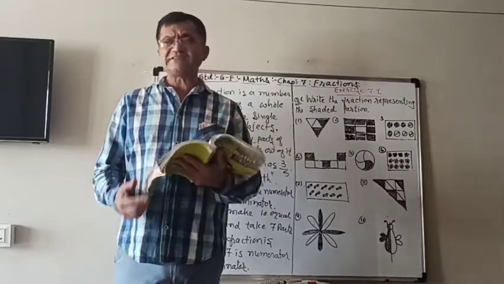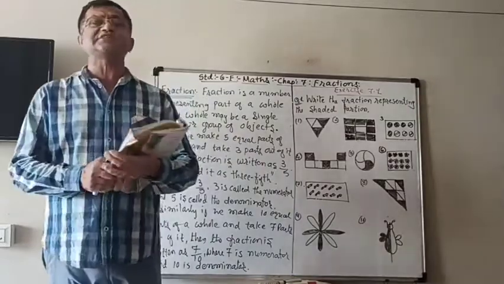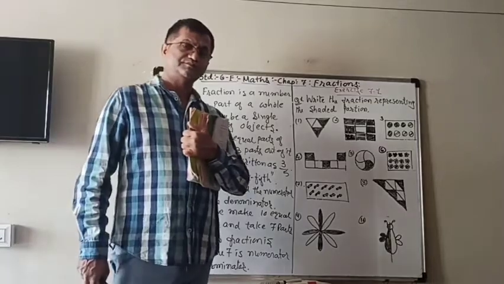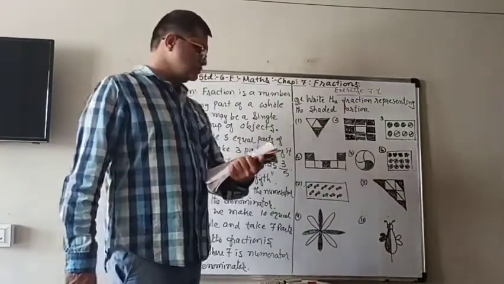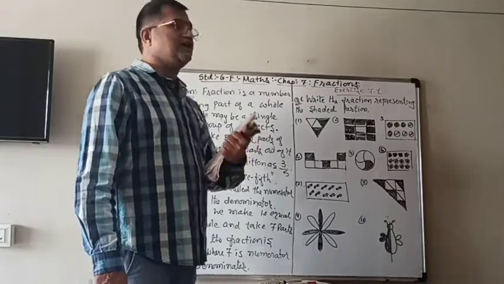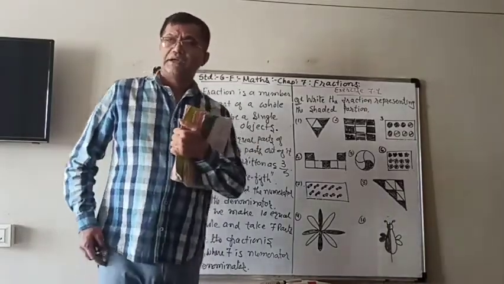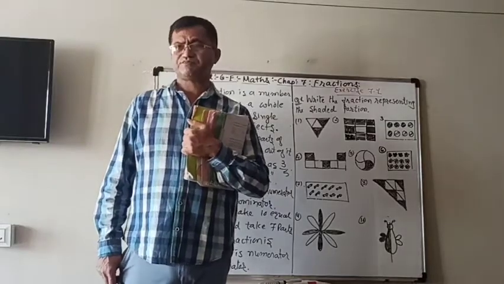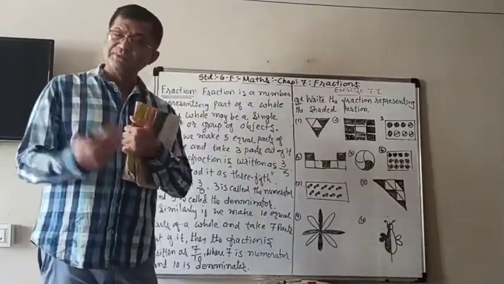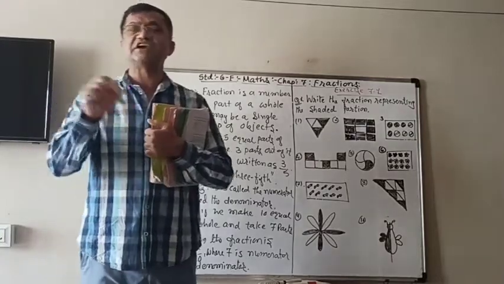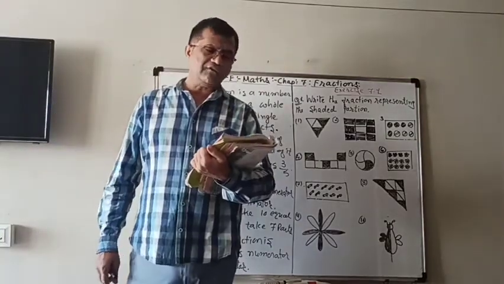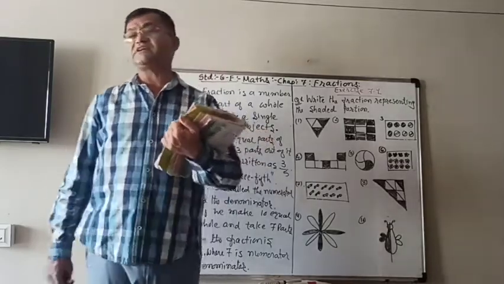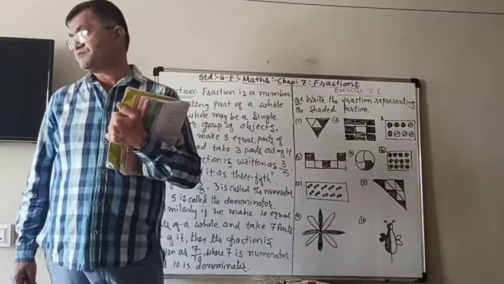So now let us understand it with exercise 7.1, question number 1. In this question, some figures are drawn. Each figure is divided into some equal parts, and some of the parts are shaded. Now we have to find the fraction representing that shaded portion.